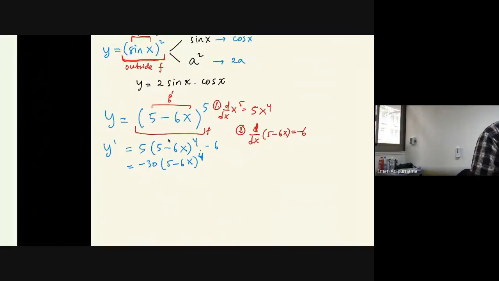Let me go for one more example, the square root of 3x squared minus x.